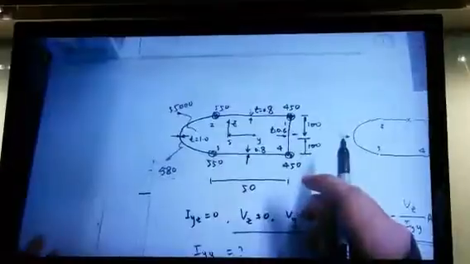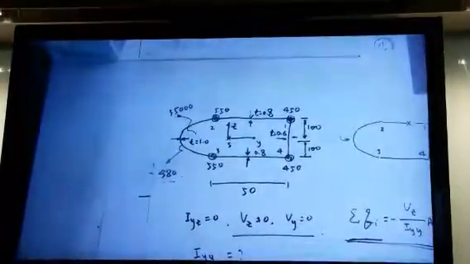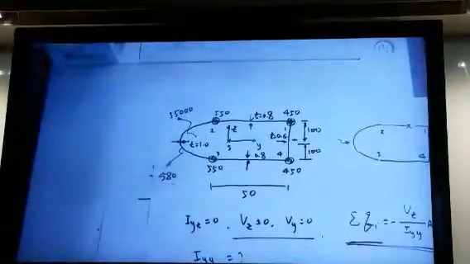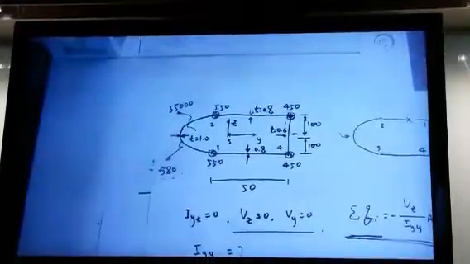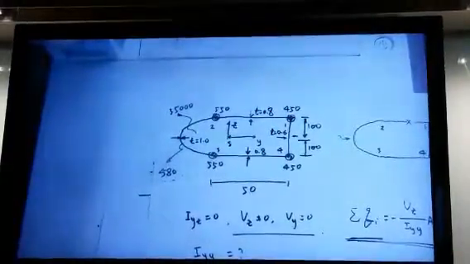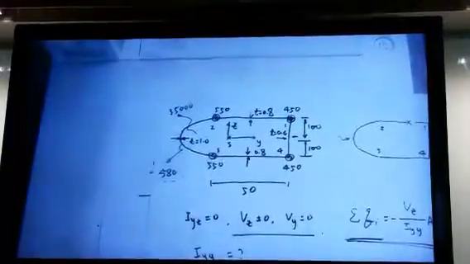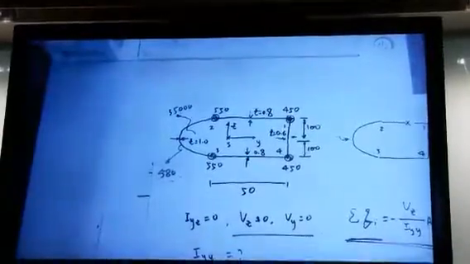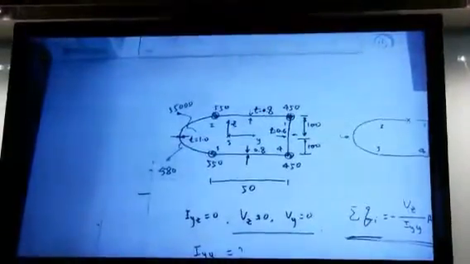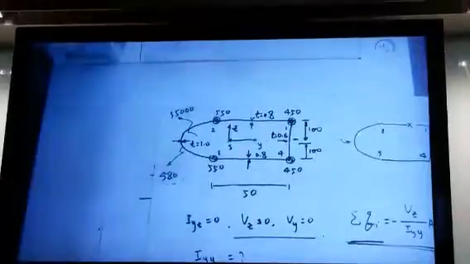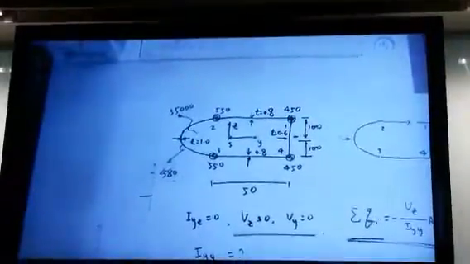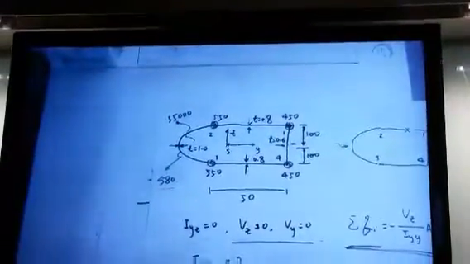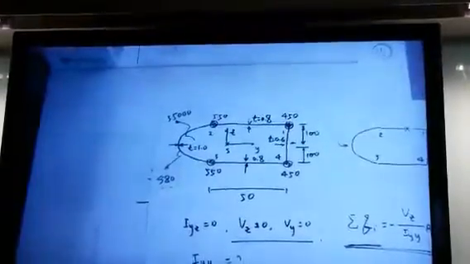Sometimes, probably in the exam, I will ask you to calculate what the curved length is. So I give you a radius. If it is elliptical, you have to figure out what the length is. You see what I mean? Shear flow is flowing from 2 to 3. Q23 times the length divided by thickness is the second term. So you need to figure out what the length is. But here I already gave it to you. The homework is already there.